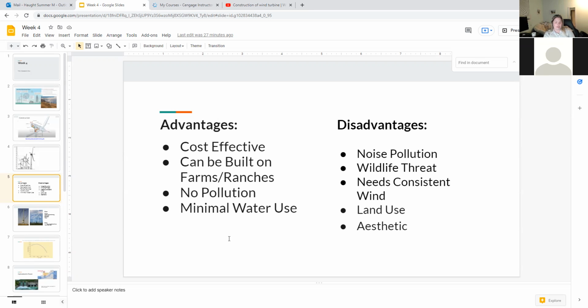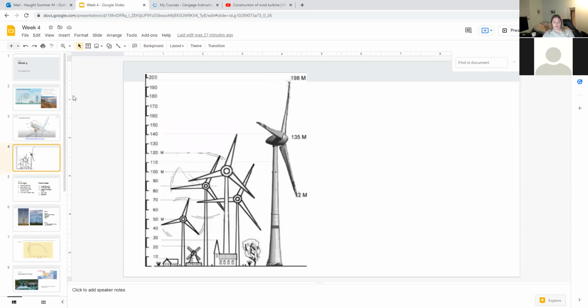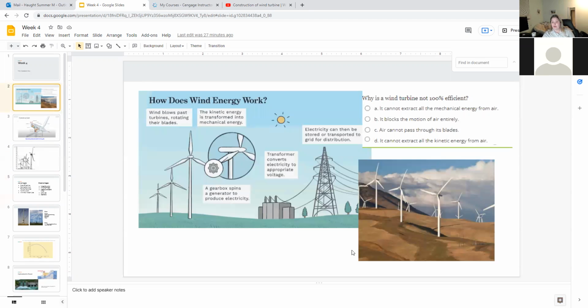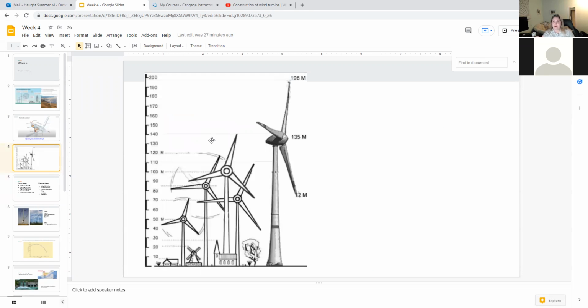I didn't talk about it too much, but the reason is that these things are so large, and probably only going to get bigger, because the higher you are in elevation, the faster the wind speed is. But the bigger they are, it takes a lot of time, energy and resources to make these.